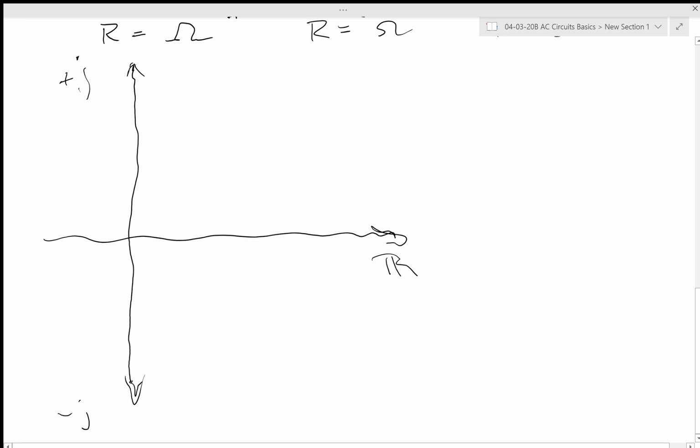And capacitors, this is an XC value. We have an XL value.